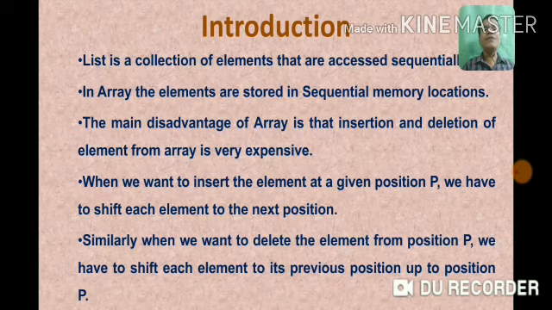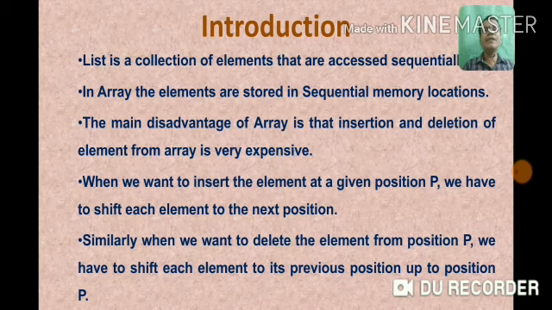Consider that I want to insert a new element at position P of the array. Suppose P is equal to 5, meaning I want to insert the new element at position 5, and suppose there are 10 elements in the array. What process do we have to adopt? We have to shift all the elements by one position to the next.